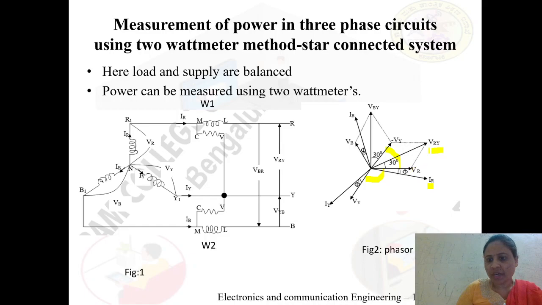So between VR and VRY it is 30. So the phase angle between VRY and IR is 30 plus phi.